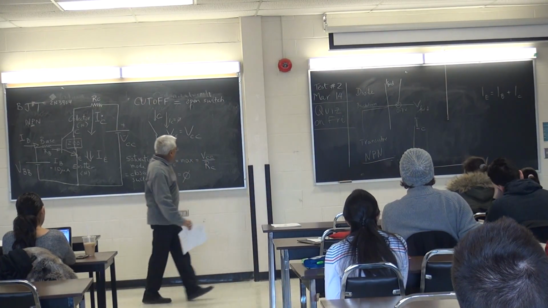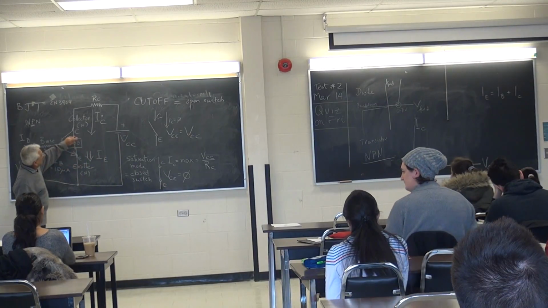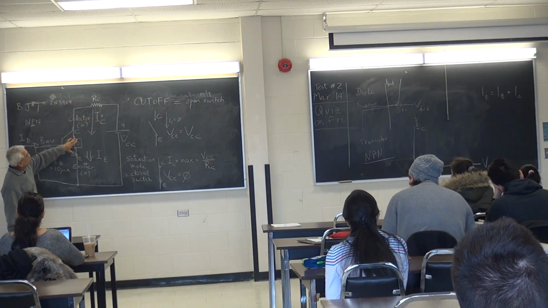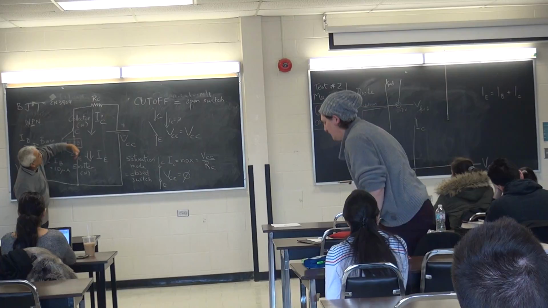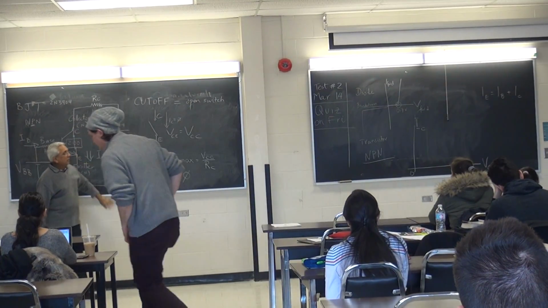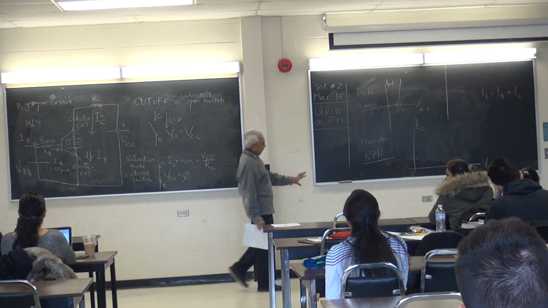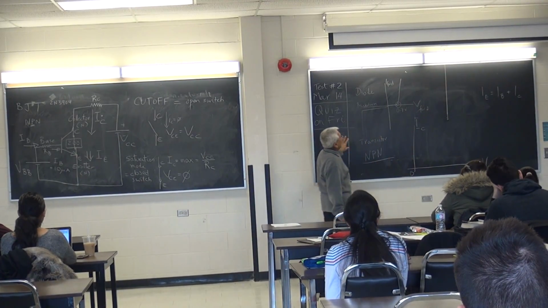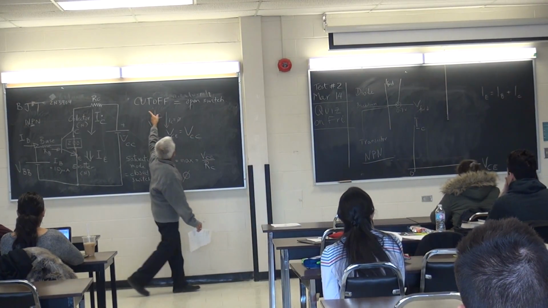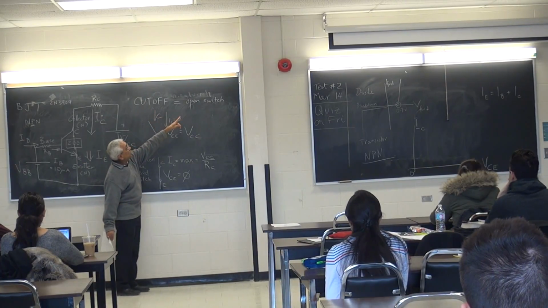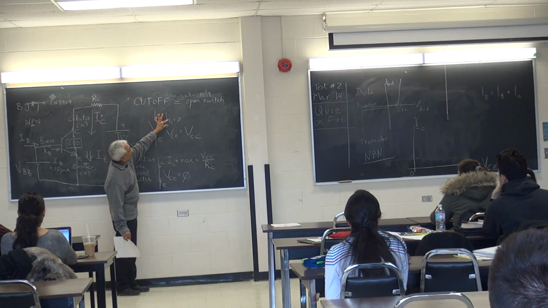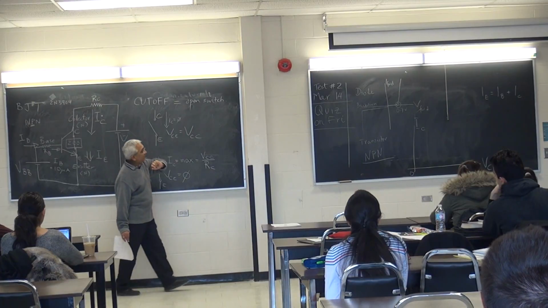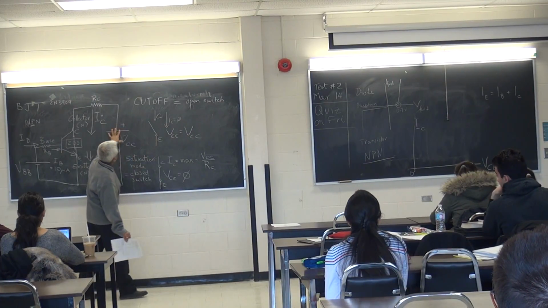Because that is the voltage at the transistor, collector to emitter, and that is the current in the transistor, IC. So those are the two most important parameters of a transistor. So let's look at the first case. Cutoff, open switch. Current is 0, voltage is VCC, which is this value here.